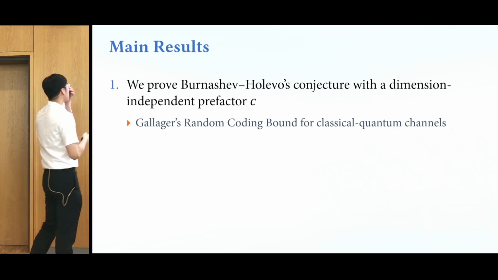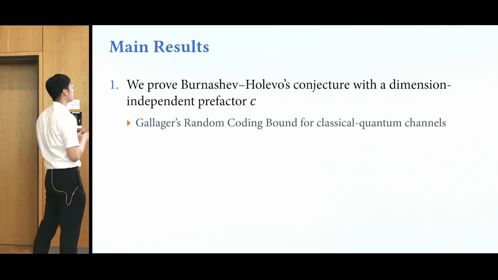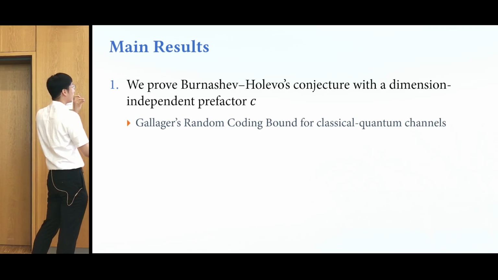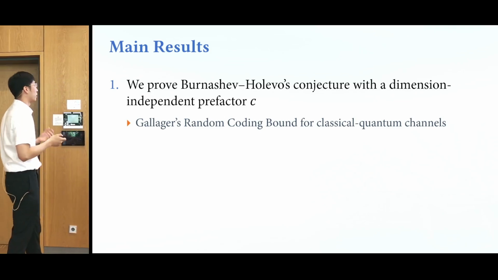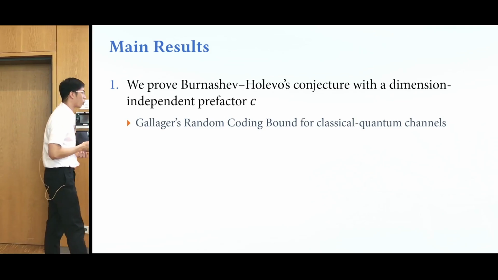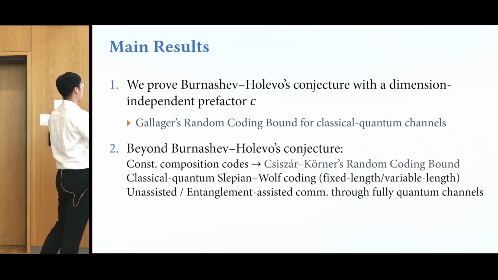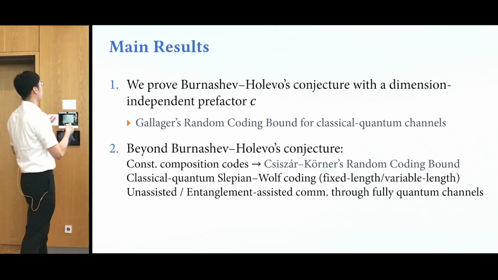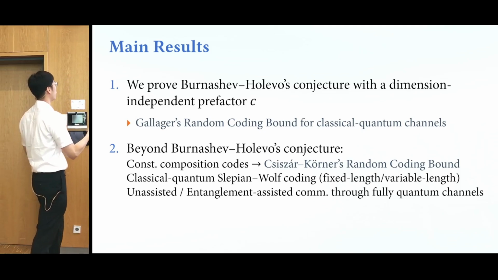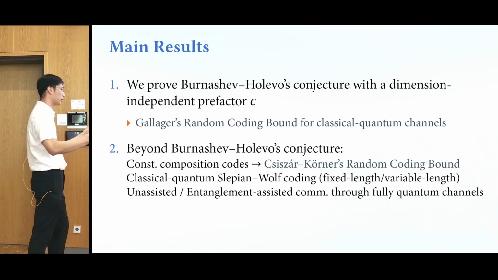Okay, so our main result is to show the Burnashev-Holevo conjecture with a dimension-independent prefactor C. It will be explicitly determined later. So this result can be viewed as Gallager's Rényi coding bound for classical-quantum channels. And then we realized that we can go beyond the Burnashev-Holevo conjecture. For instance, constant composition codes, this can be viewed as Csiszár-Körner's Rényi coding bound for constant composition codes.